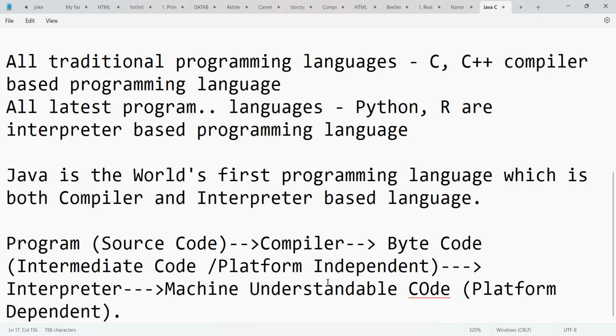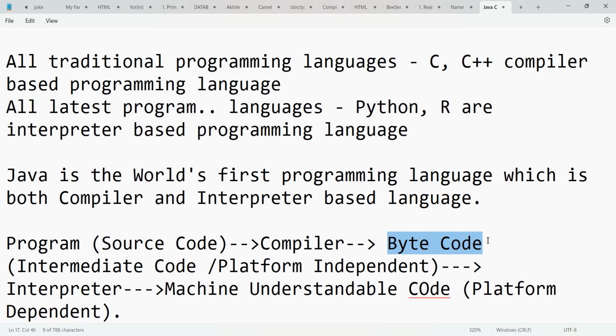Now see, for example, you wrote a program that adds two numbers. Fine. When you press the run button, the compiler will take it and convert it into bytecode. Now this bytecode is also called intermediate code or platform independent code. That means if you want to share your code with your friends, family, or other people, you would have to share this bytecode, the intermediate code.